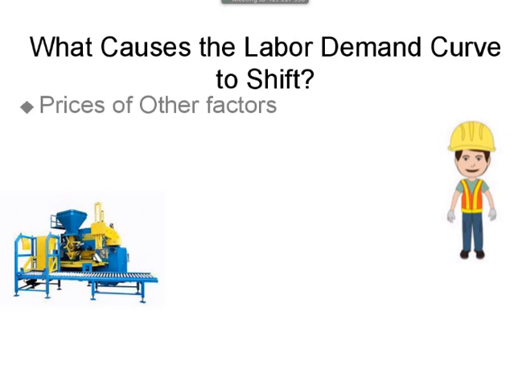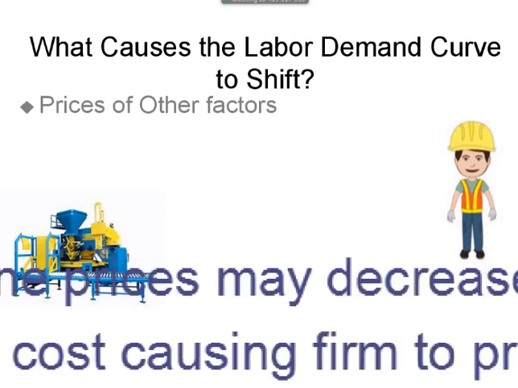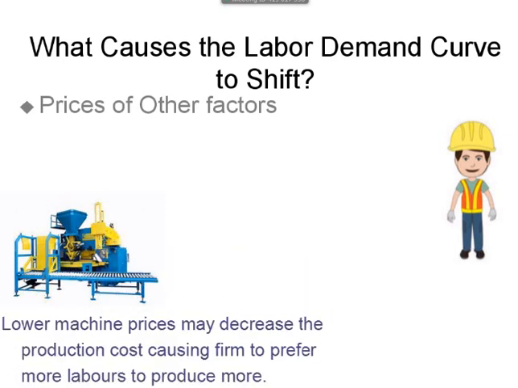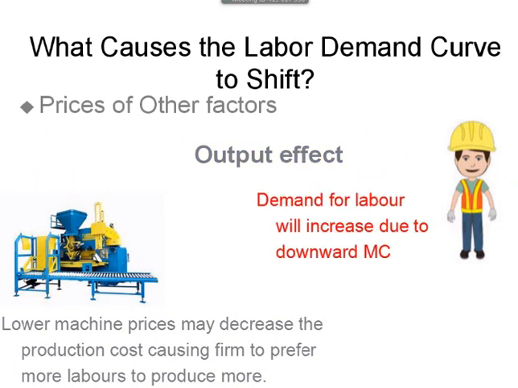Okay, so the firm would consider hiring more laborers if prices of machineries are lower and productivity by the machines is much higher. So in that case we see labor demand may also increase. So it is not always that the substitution effect would work. Sometimes there will be an output effect. In case of the output effect there may be higher demand for labor.